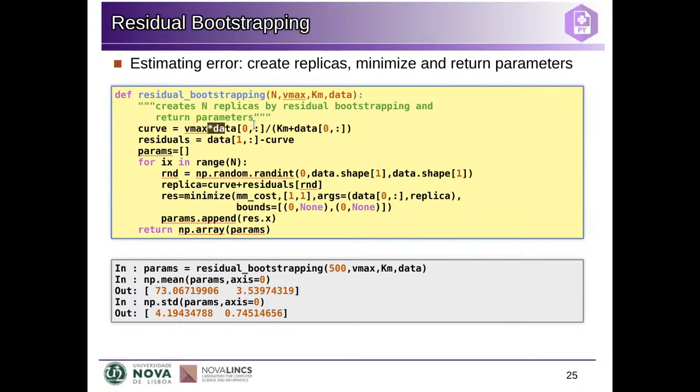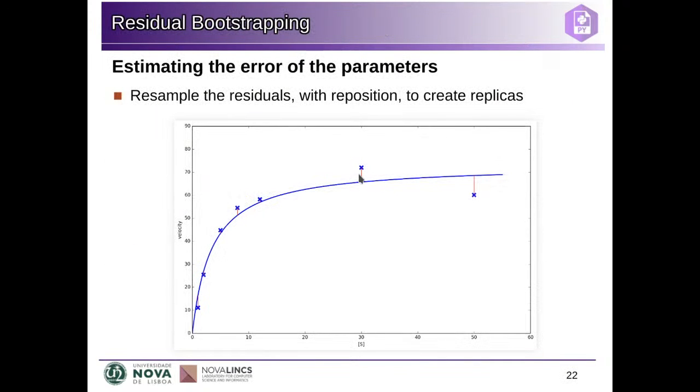Our data is a matrix that has the concentrations in the first row and the initial velocity values in the second row. So this is the prediction for all the different concentrations, and these are the residuals. The residuals are simply the actual values in the data minus the predicted values. So these would be these red lines here.